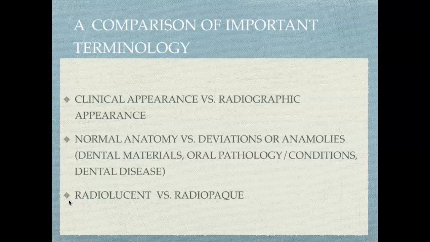And then we've had these terms before in another slide presentation. What is radiolucent versus what is radiopaque? So radiolucent means that it is a structure that does not have density or high density, and the x-rays pass through it, and so the area looks very dark gray on a radiographic image, whereas radiopaque, we're thinking of structures like bone, dentin, enamel, dental materials that are radiopaque, so they're very dense.